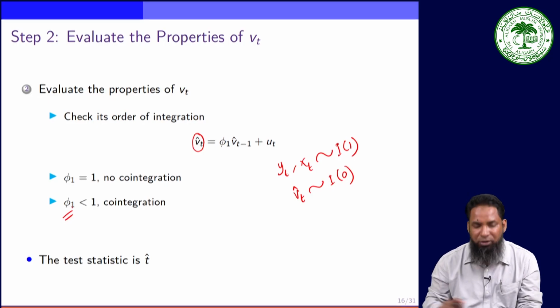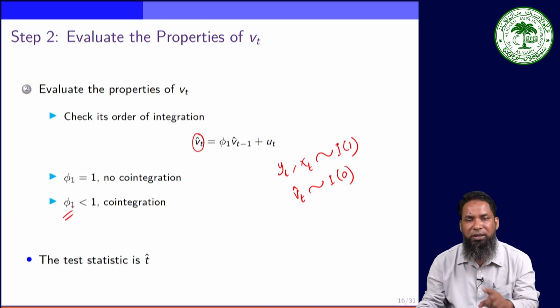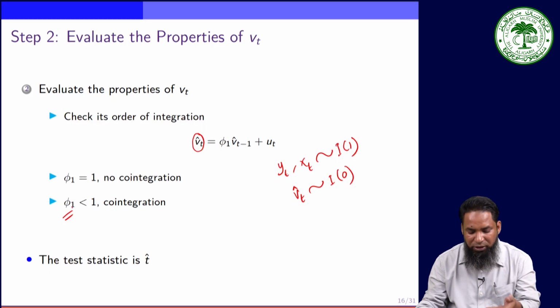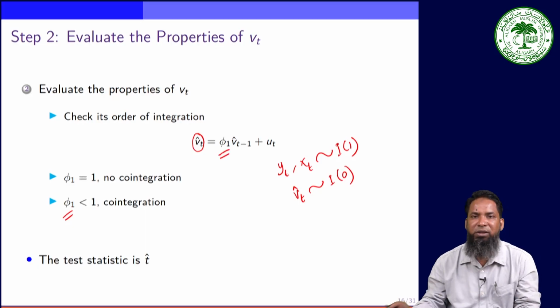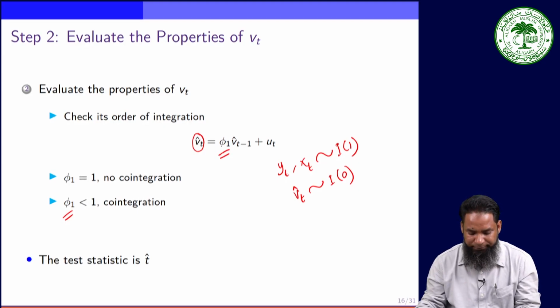Then we call it cointegration between xt and yt. How to test? Obviously we can use the t statistics to test whether phi 1 is equal to 1 or less than 1.